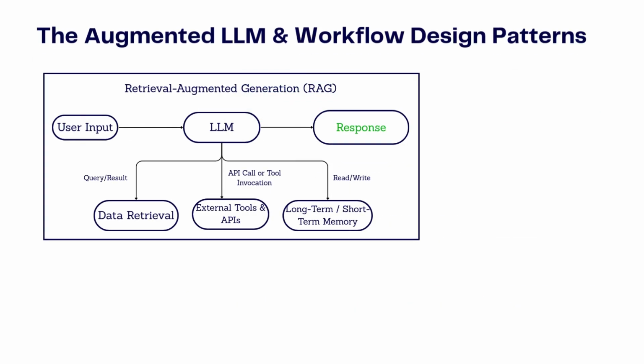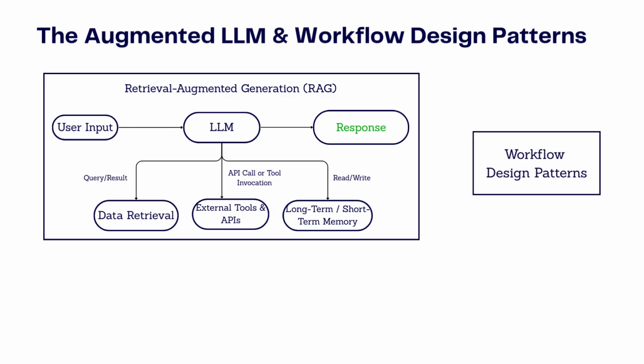An augmented LLM isn't just powerful on its own, it actually serves as the building block for creating more advanced systems. And this is where LLM workflow design patterns come in. Think of it this way: the augmented LLM gives us the raw abilities, it can access tools, call APIs, pull in live information, and even use memory. But just having these abilities isn't enough.